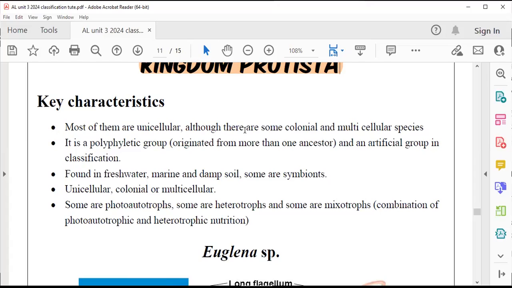So I'm being flexible. Saturday night I will send the paper, and by Sunday night, 10 p.m., you send me the answers. Understood? Yes, sir.